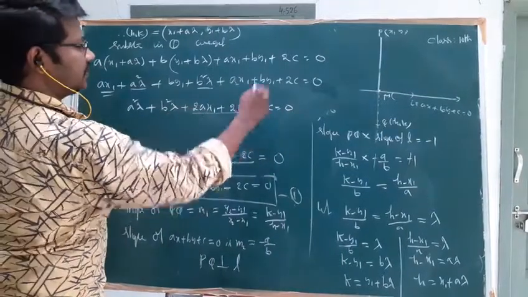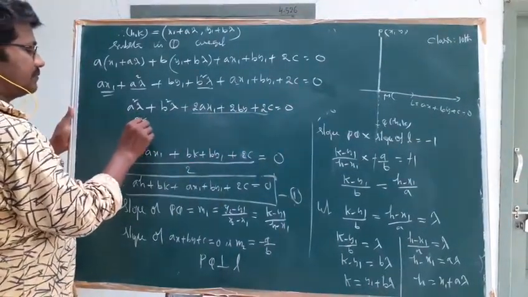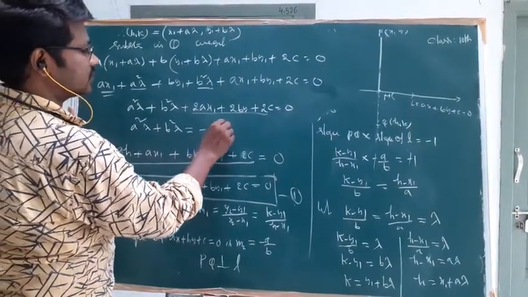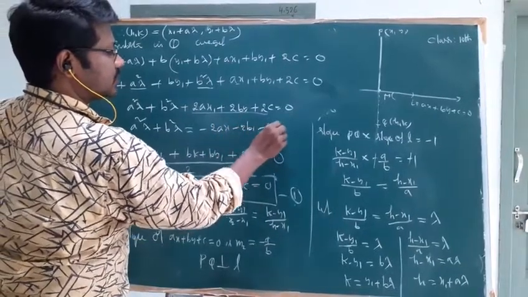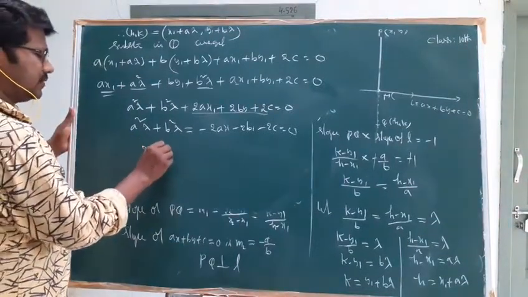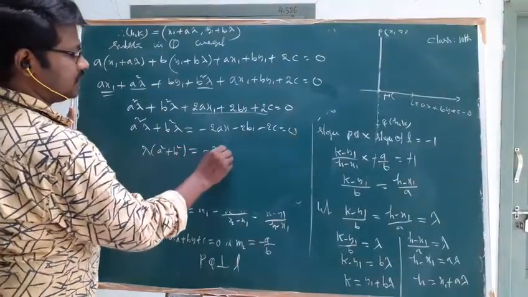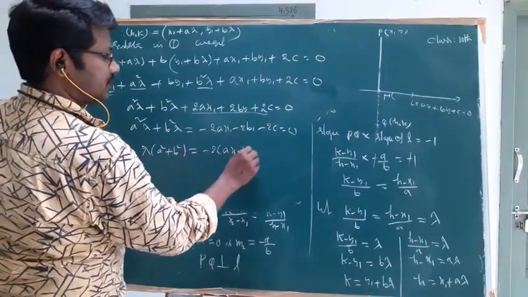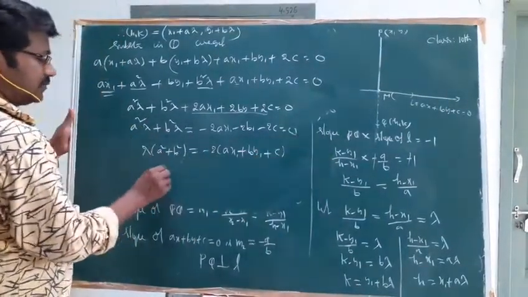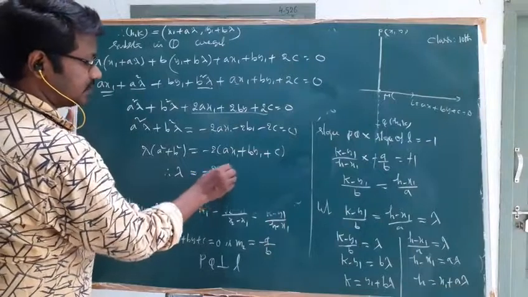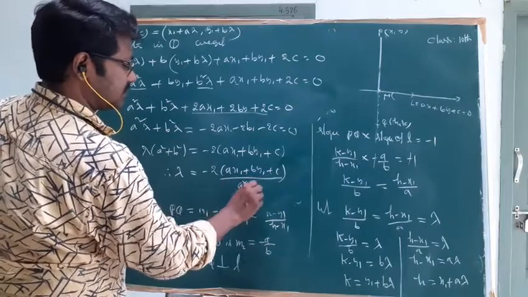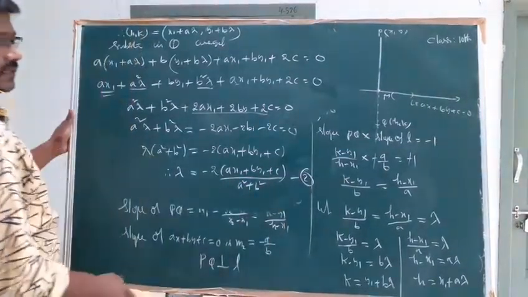Now take all the terms to the right hand side: a square lambda plus b square lambda is equal to minus 2ax1 minus 2by1 minus 2c. Now lambda common, a square plus b square, is equal to minus 2 common, ax1 plus by1 plus c. Therefore, lambda is equal to minus 2 into (ax1 plus by1 plus c) by (a square plus b square). This is the second equation.